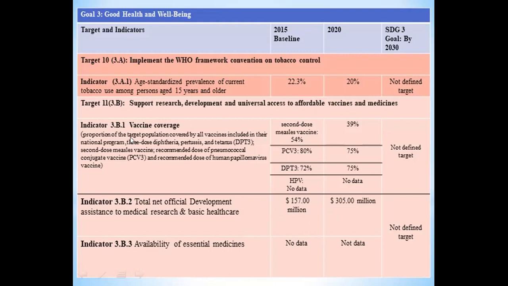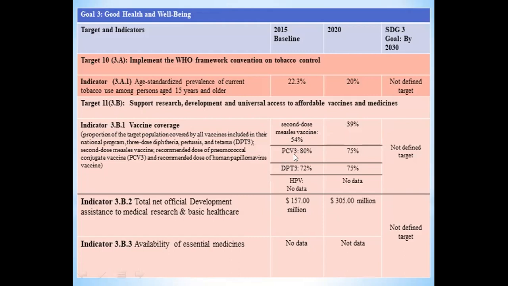No defined target. Target 3.b, support research and development and universal access to vaccines and medicine. Its indicators include 3.b.1, vaccine coverage, which is targeted under the second dose of measles vaccine. In 2015 it is 54%, and in 2020 it reduced to 39%.